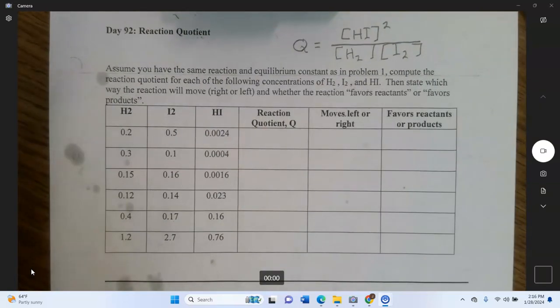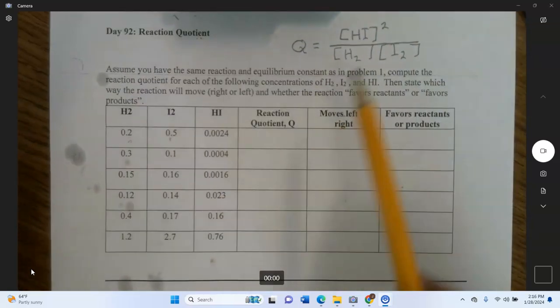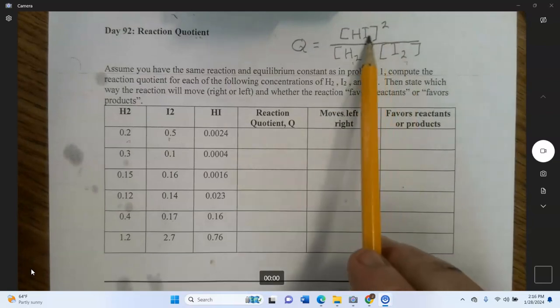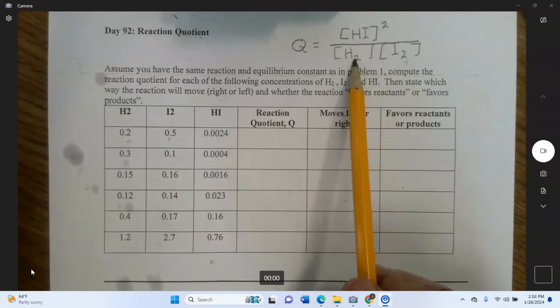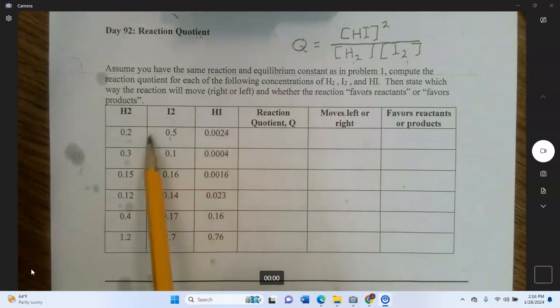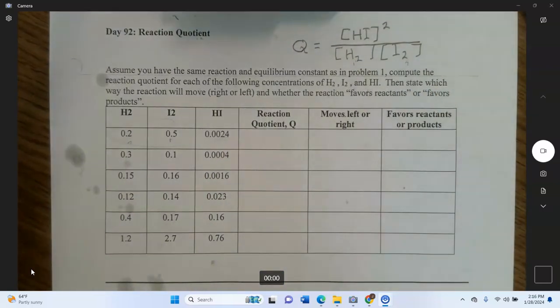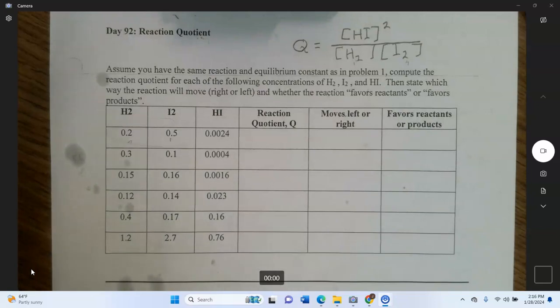We're going to do HI squared, so that's 0.0024 squared, and I get some really tiny number. Now I'm going to divide by this and by this. So the 0.0024 goes there, the 0.2 goes there, and the 0.5 goes there. So I'm going to divide by 0.2 and divide by 0.5.